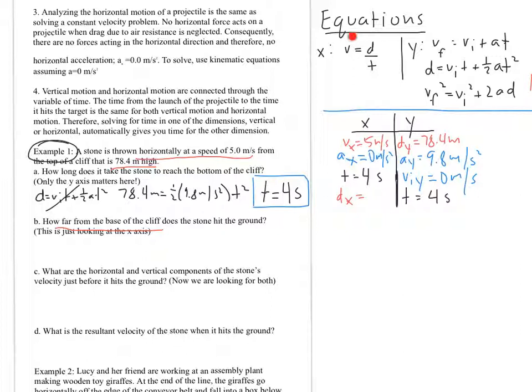Looking at our equations, v equals d over t is the only equation we can ever use in the x direction. Our v in the x direction is 5 meters per second, equal to d over 4 seconds, our time. Therefore, our distance, 5 times 4, is 20 meters.